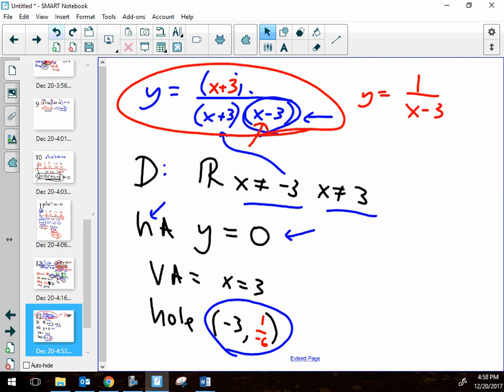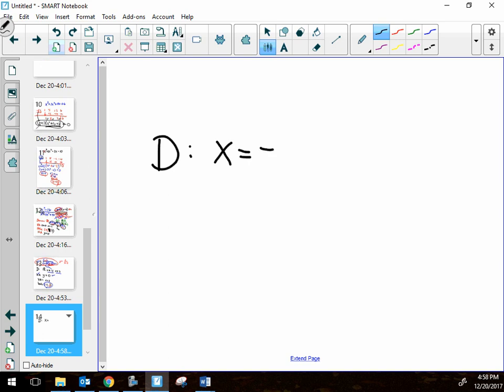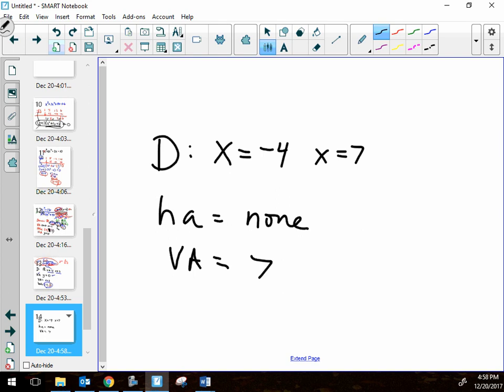Okay, let's try another one like that. This time, the domain's going to be x equals negative 4 and x equals 7. And our horizontal asymptote is going to be none. Our vertical asymptote is going to be at 7, or so I should say x equals 7.